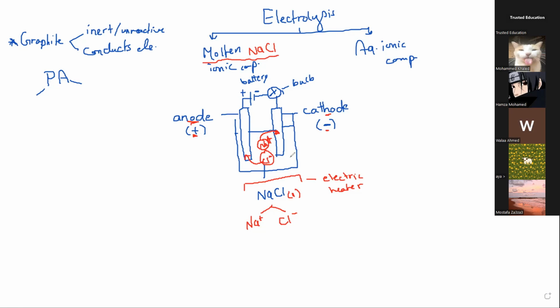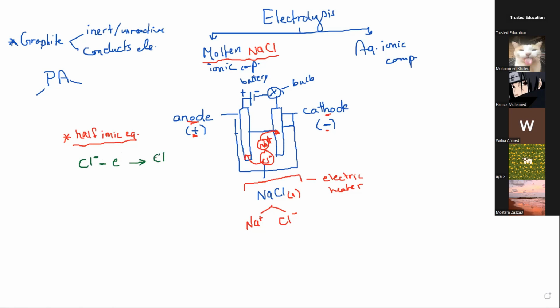Okay, what is going to happen? Here we have a series of questions. First question, they will ask you about the half ionic equation. Okay, at the anode what will happen? The chloride ion is going to lose an electron forming a chlorine molecule.